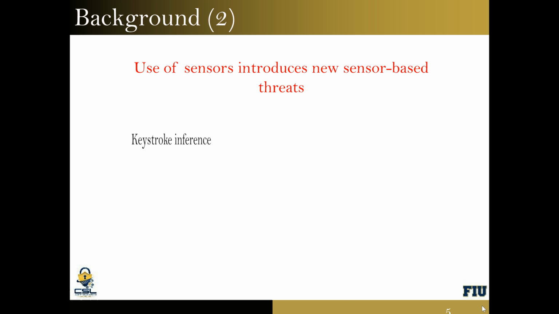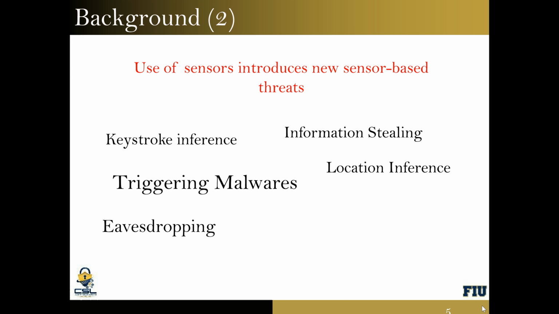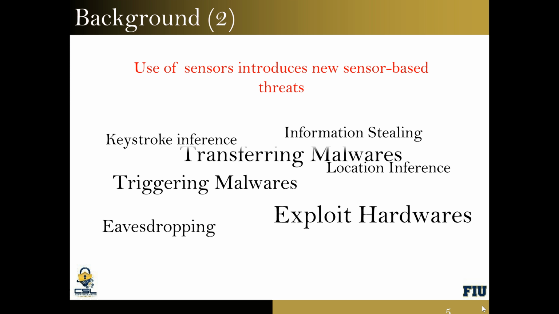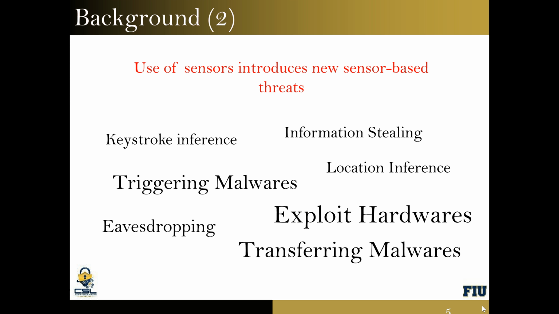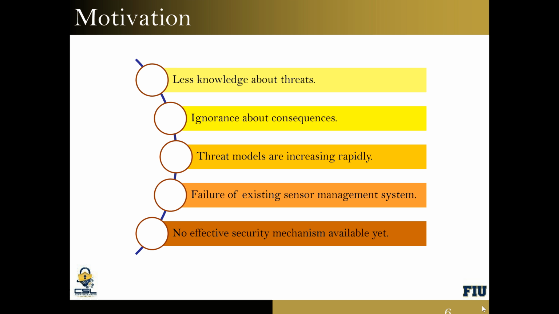There are different kinds of sensor-based threats in the wild right now, like keystroke inference, information stealing, location inference, triggering malwares, exploiting hardware, eavesdropping, transmitting malwares, and many more. The main motivation of this tutorial is that we have less knowledge about these threats.